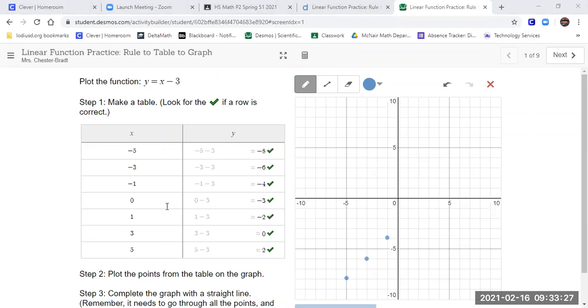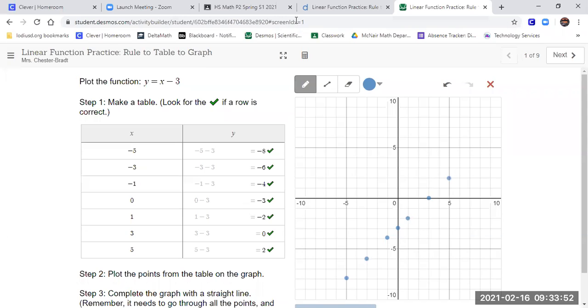Okay, I'm at 0, -3. +1, -2. +3, 0, and +5, 2. Are we okay with that?